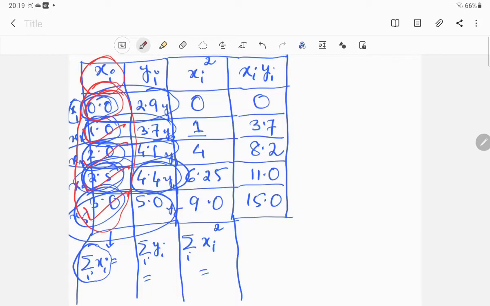So it is 1 plus 2, 3, 3 plus 2.5 means 5.5, that is equal to 8.5. Next, add all of them for y, and it comes to around 20.1.